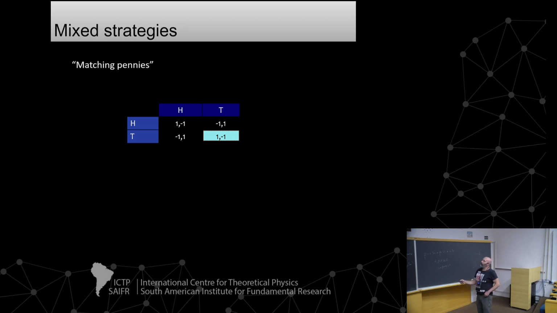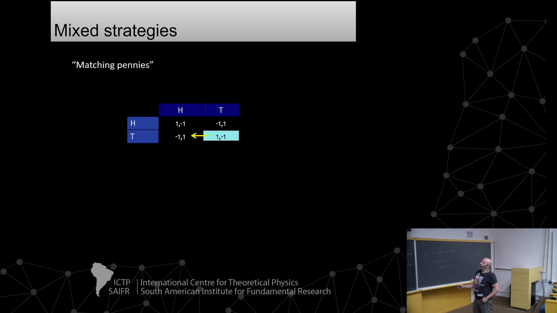So suppose that I start from this situation where both of the players choose tails. In this situation, the player at the file will get 1, and the player at the column will get -1. So the player at the file decides to change the strategy and goes to play heads. When the change is done, now the player at the column is winning 1, and the player at the file is losing 1.